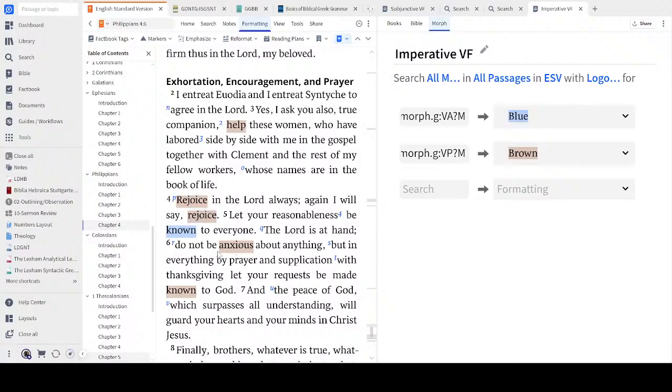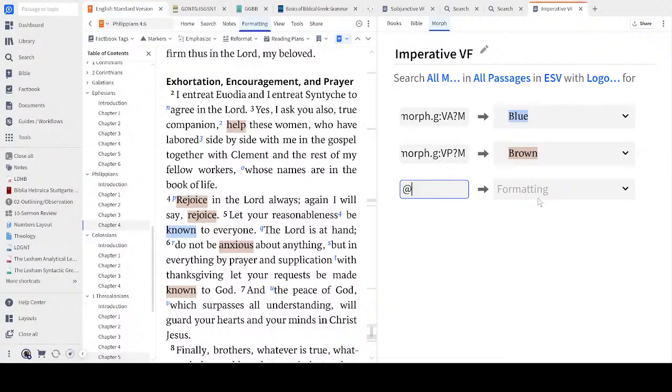And he says down here, this is a command: do not be anxious about anything. It's a command for us to obey, and always obey. So this should be our ongoing action, that we're not anxious about anything, but in everything by prayer and supplication, let your requests be known to God. So I need to constantly tell God my requests and my supplications.